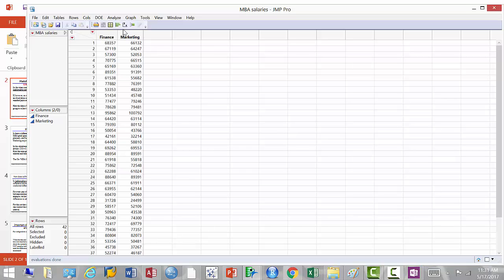But let's see if my analysis will give me a different answer if I'm using the wrong type of analysis, okay? Remember how we performed the independent samples analysis? What do we do? You did that in the homework today, right? First thing, what do we do with columns?